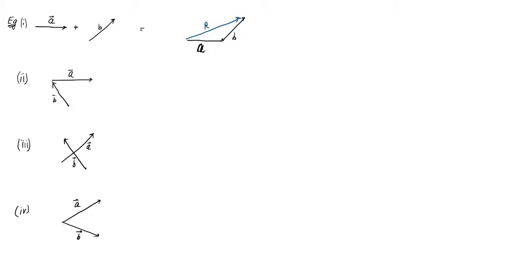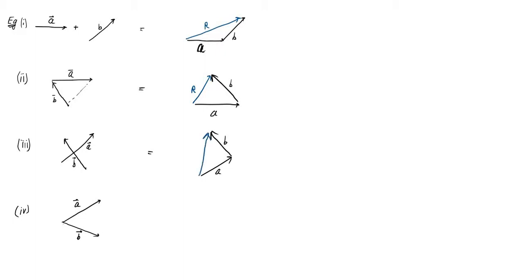Now in the second case, we can rearrange these two vectors: this is the first vector A, and we can parallelly shift the other vector to this position, where it becomes vector B. Now the resultant will be this vector R. In the third case, let us say this is vector A and this is vector B, and the resultant will be as shown.